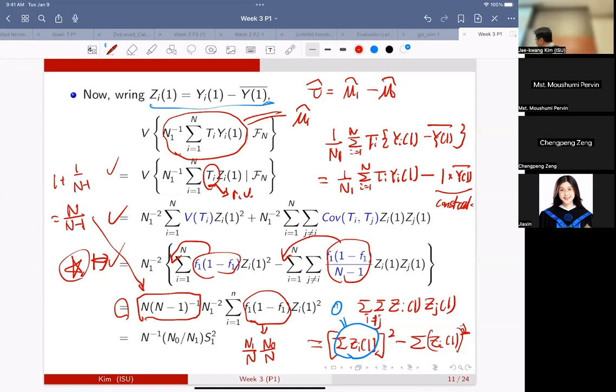So you have n1 square, which makes the n1 in the denominator, and then you have n1, so n square. So another way of writing is that this guy is actually 1 over n1 minus 1 over n square.